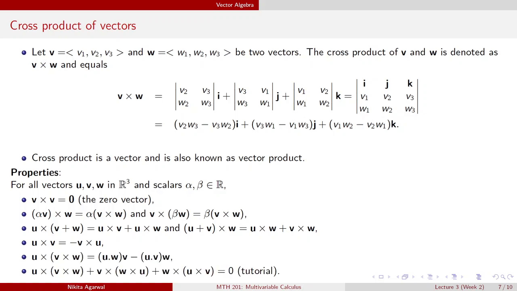Then the last property is called Jacobi's identity, and it can be proved using the second last identity. So these properties will be discussed more in the tutorial. I will not say more about it, but they all use properties of determinants because the cross product is defined using determinants.